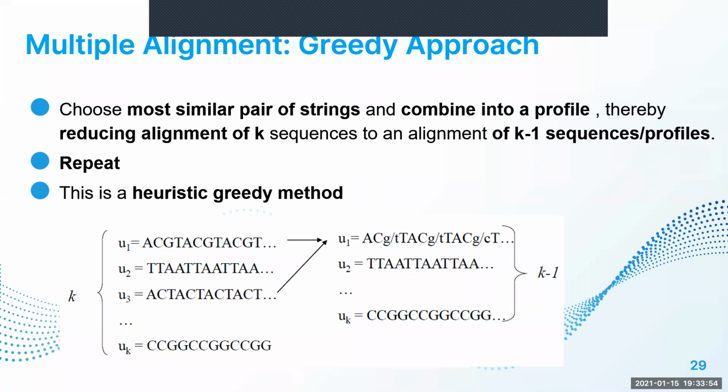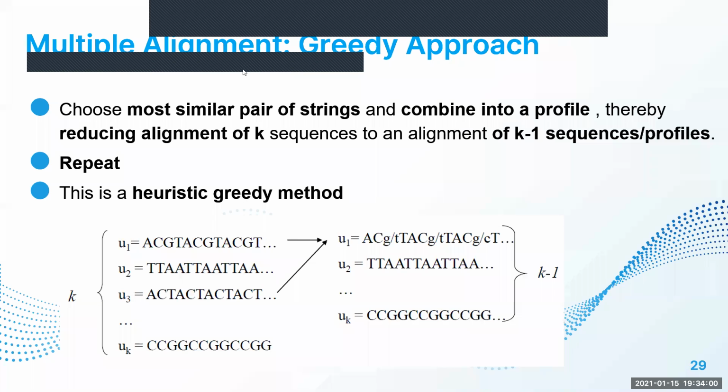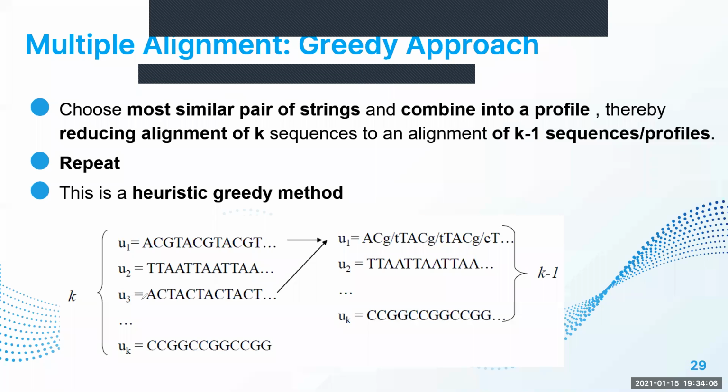So how are we going to use that in multiple sequence alignment? It's like this. Suppose you have k number of sequences, suppose 10. What you're going to do is first do pairwise alignments.